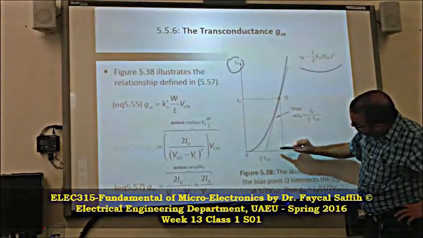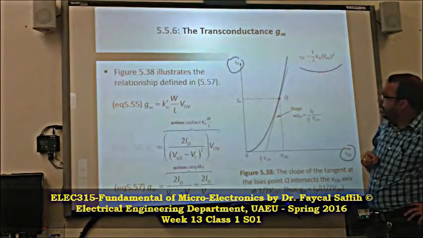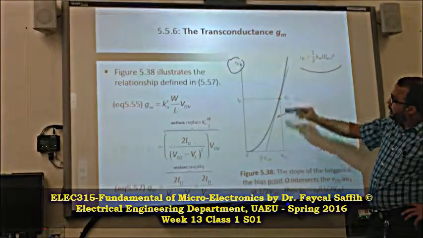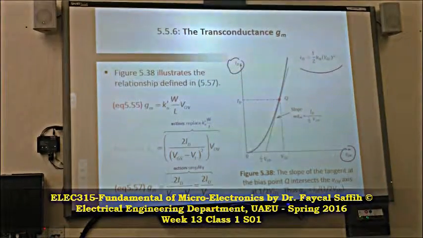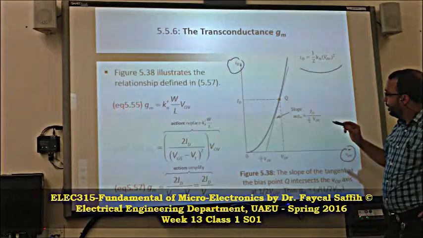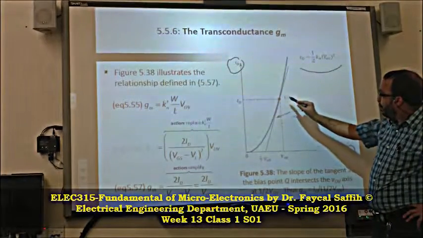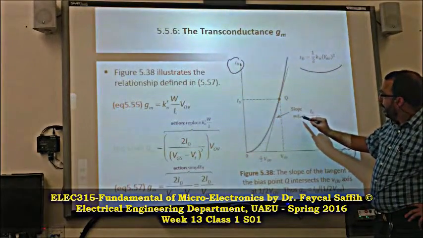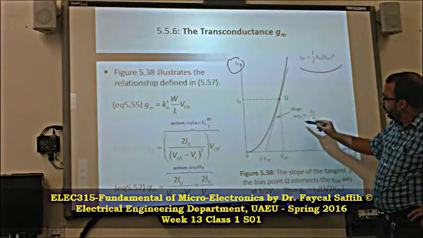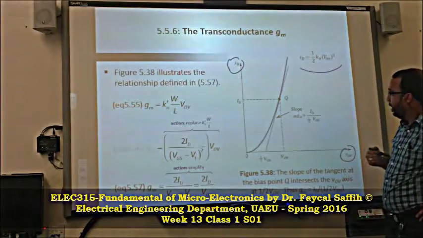The distance from this point to this point is half of the overdrive. This is a graphical way. It happens that this slope is gm, equal to this quantity that we just calculated.